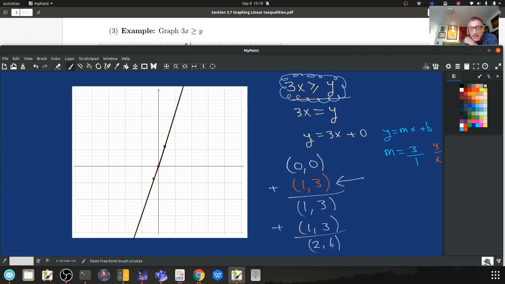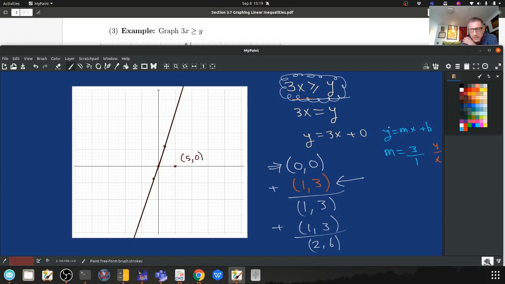Here I can't choose the origin. This is my favorite point to choose as a test point, but since that point actually lies on the line, I'm going to choose another one. So let's choose this point right here. This point has x equal to 5 and y equal to 0.